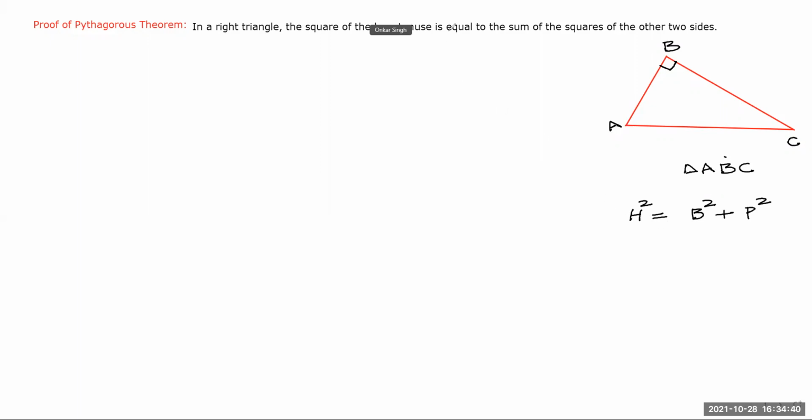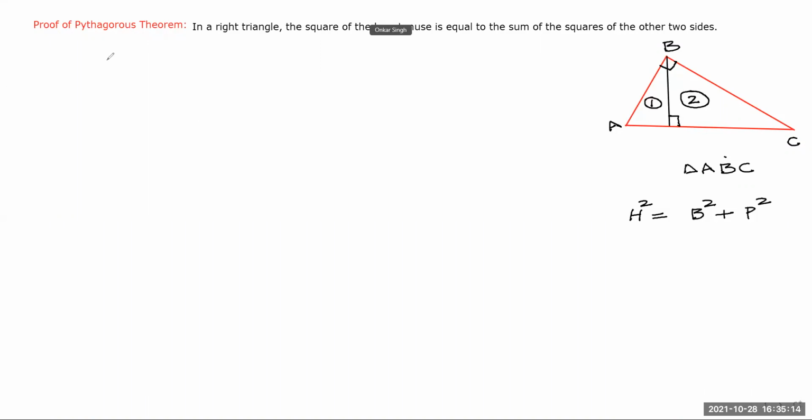The theorem which we learned yesterday told that in a right angle triangle, if we drop a perpendicular from the vertex opposite to the hypotenuse, that perpendicular will divide the whole triangle into two parts. One will be triangle 1 left of the perpendicular, the other triangle 2 right of the perpendicular.